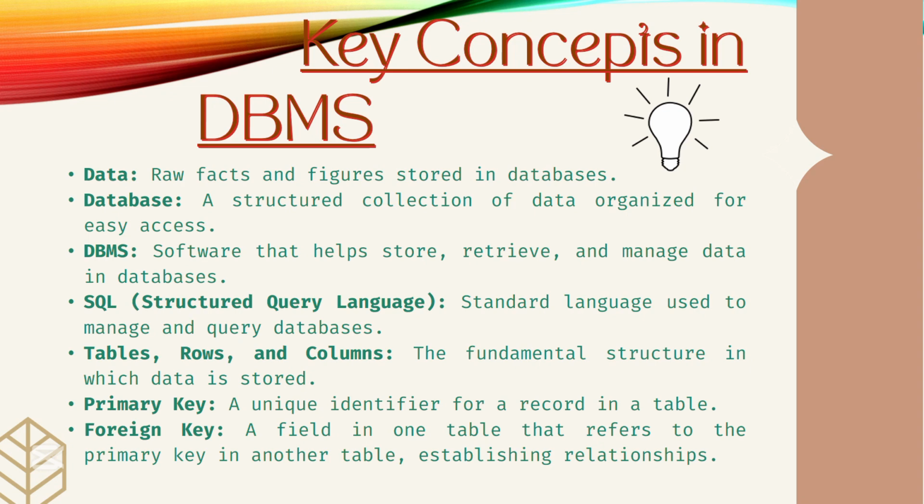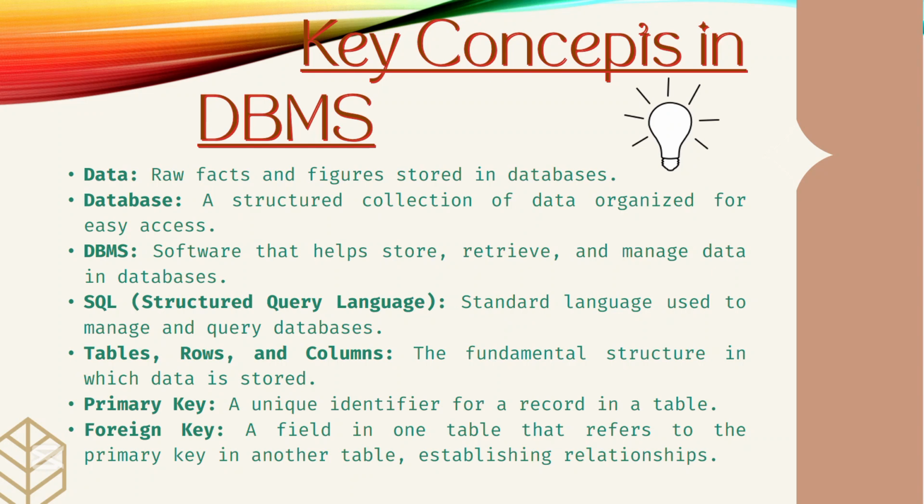A database management system, a software that helps store, retrieve, and manage data in databases. I hope you can see the distinction between a database and a database management system.